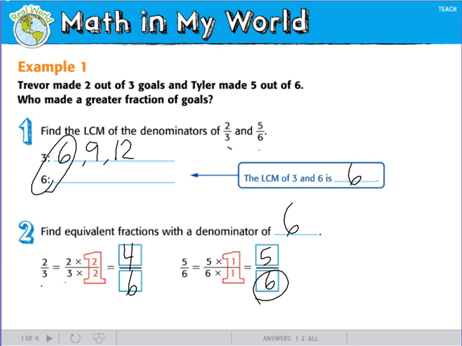My denominators are now the same. So all I'm going to do is compare my numerators. Yes, once the denominators are the same, this is very, very simple math. Alright, here we're going. This is so easy. Because if you don't know which one's greater between 4 and 5 by the time you're in 5th grade, you have issues.